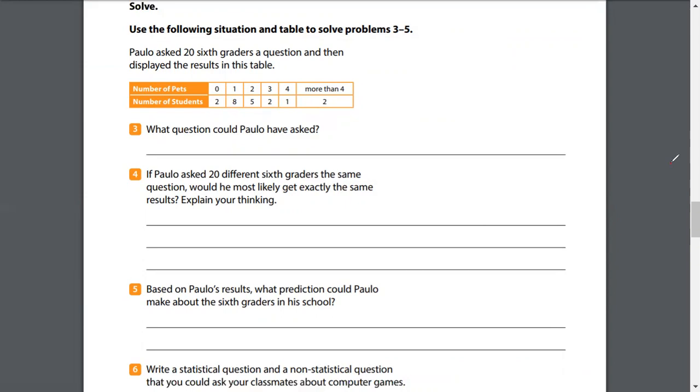You have the number of pets, which are 0, 1, 2, 3, 4, and then more than 4, and then the number of students. When you have 0 pets, you have 2 students. When you have 1 pet, it's 8, and so on. So he has a variety of answers, it looks like.